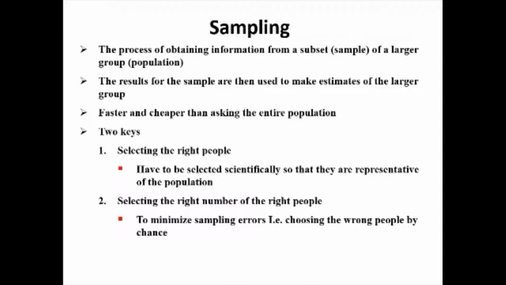We call it a population. A population is in big number. So here the duty of the researcher is to select a part of the population in order to collect opinion.